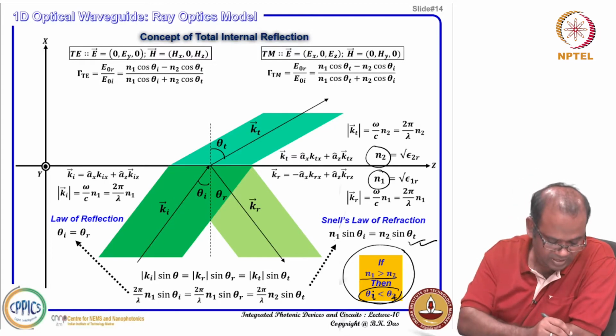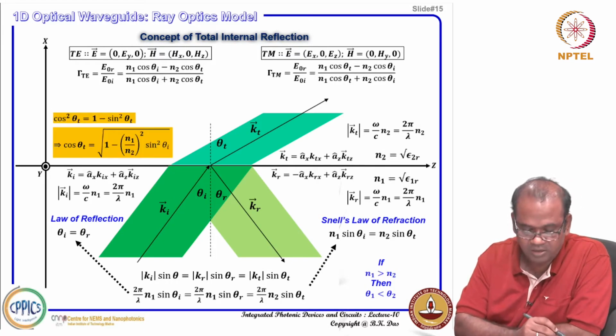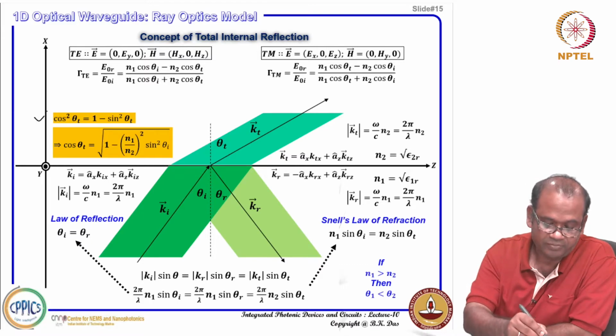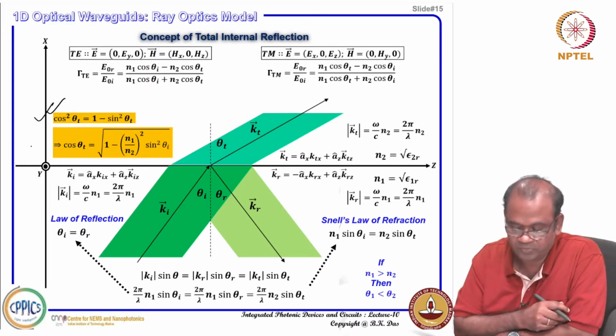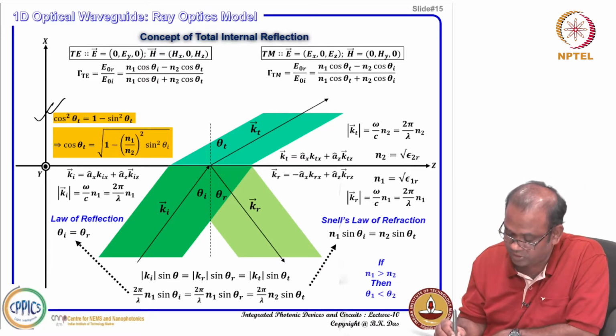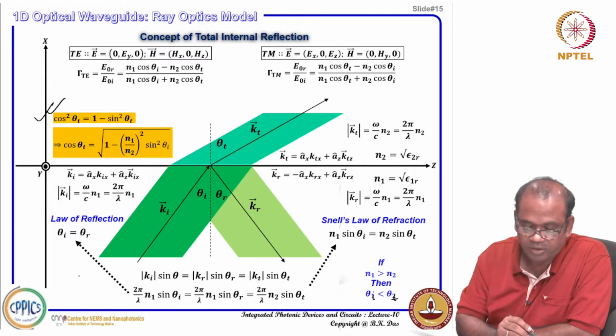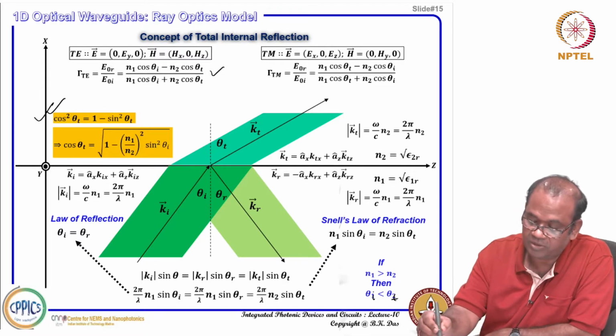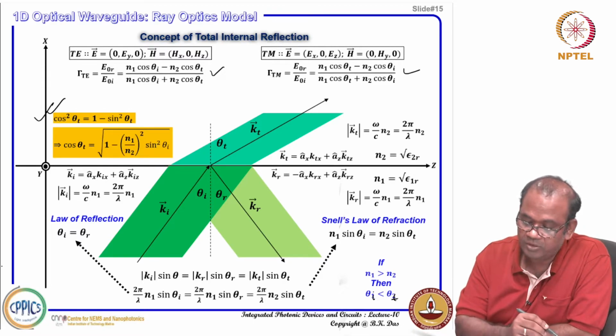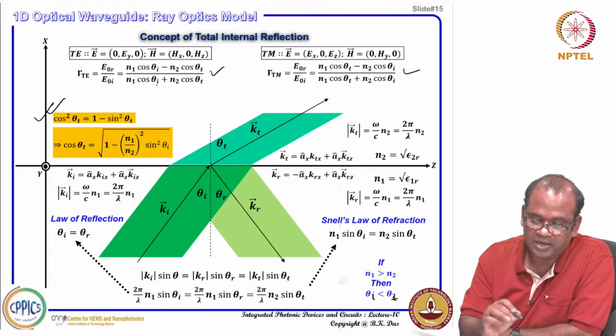Fine. So after that, next thing is, what is this? Of course, here you write a typo error: here theta I, and this should be theta t. Now, if you see this equation, let us concentrate on this equation. Here you have theta I and theta t, both equations involve theta I and theta t.